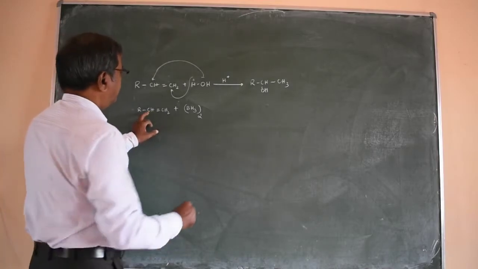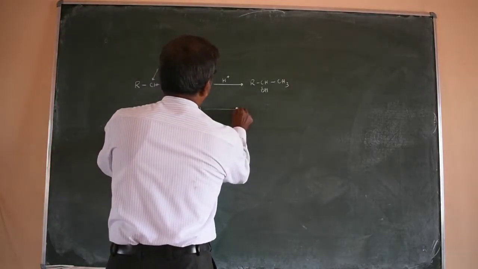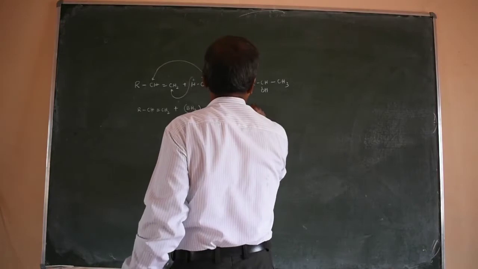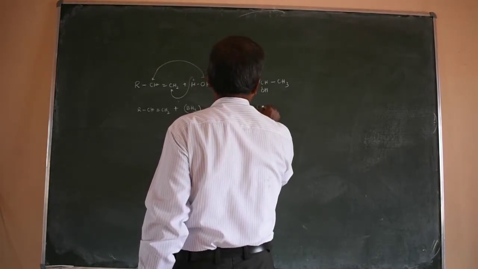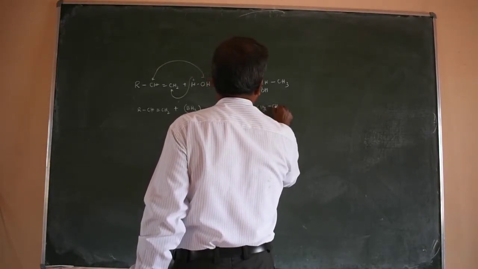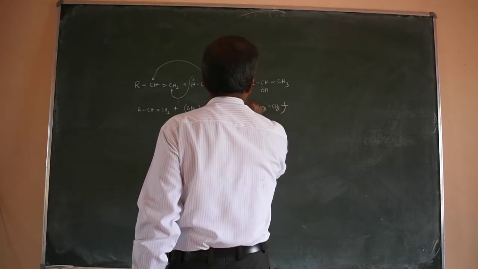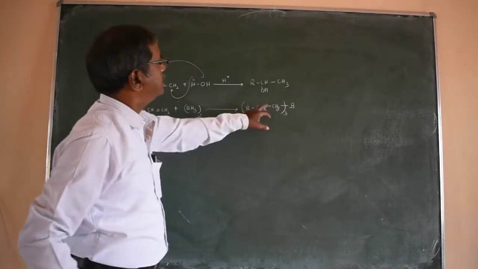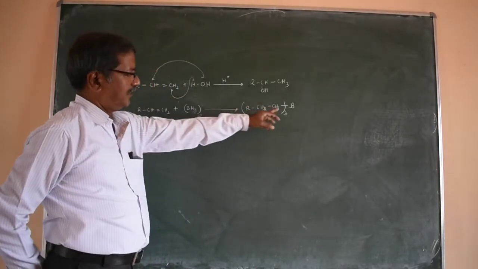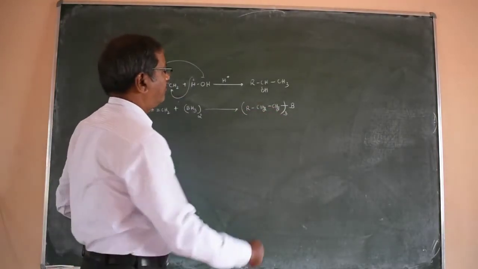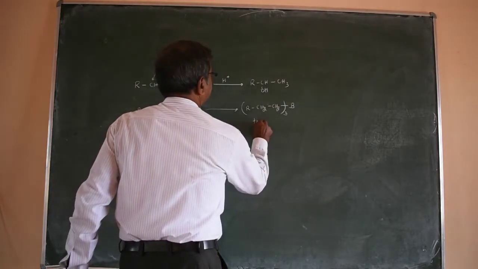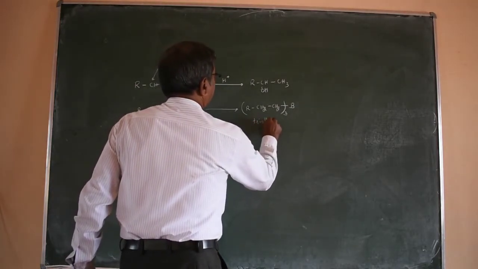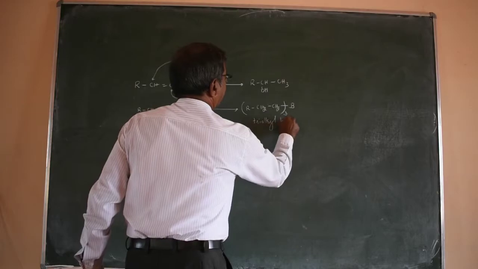Again this is an addition reaction, and you are finally getting RCH2, CH2, then thrice B. We know this is called trialkyl borane.